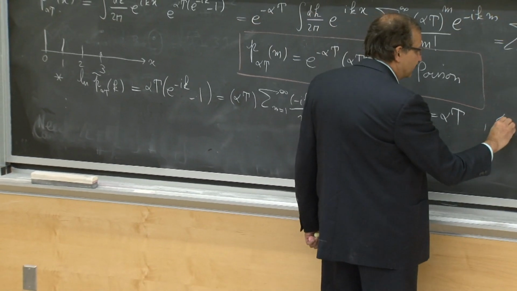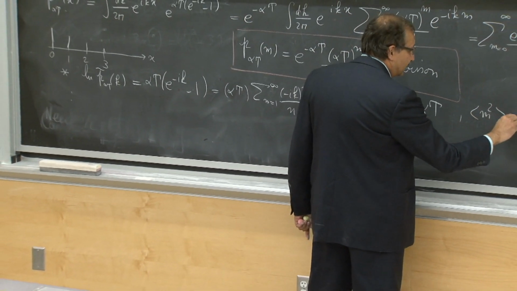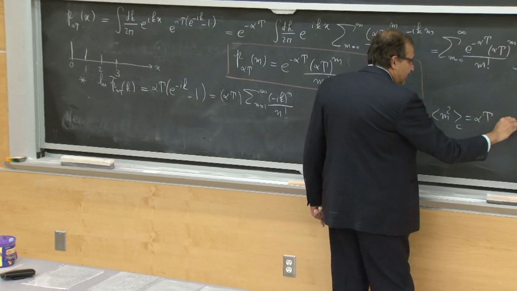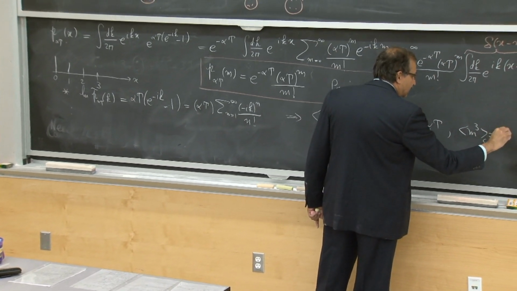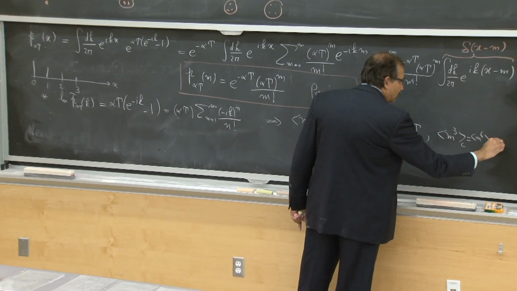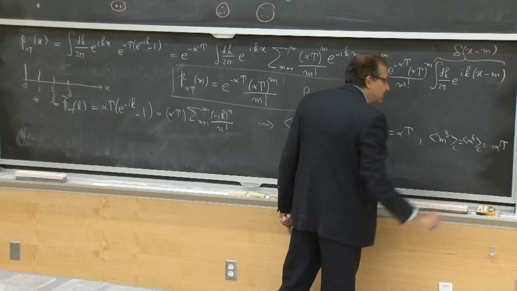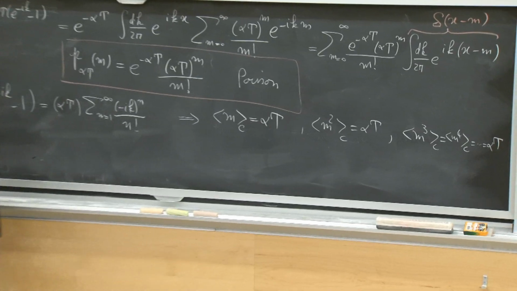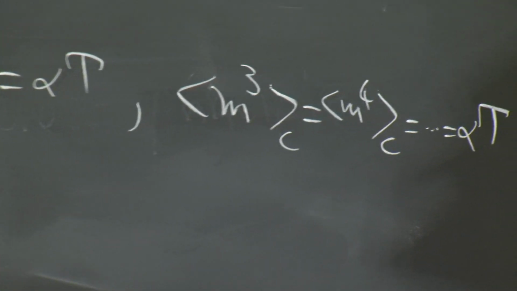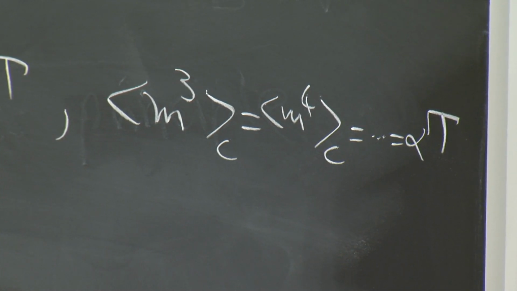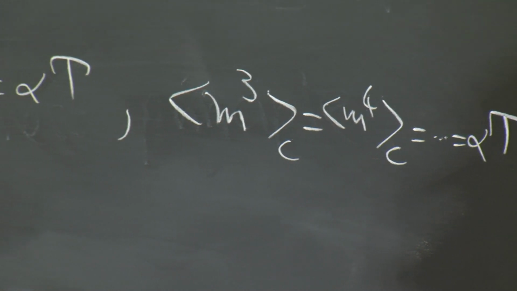The expectation value, the second cumulant is alpha t, the third cumulant, the fourth cumulant, all the other cumulants are also alpha t. Okay? So the average number of decays that you see in the interval is simply alpha t.